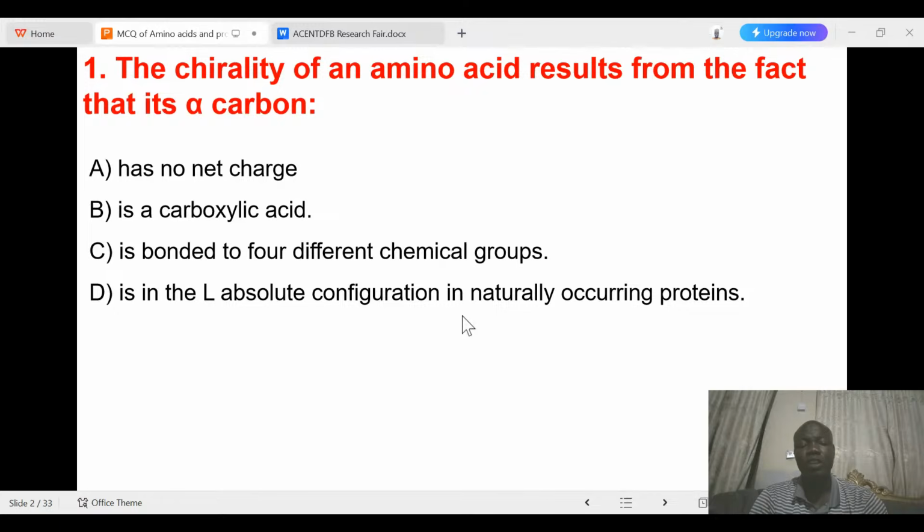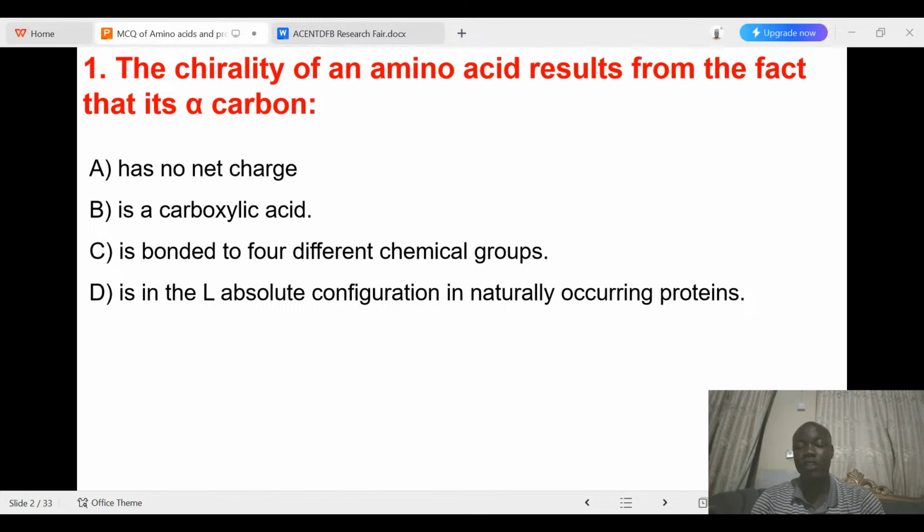Okay, Idris Abdurrashid says it's glycine. Yes, the answer is glycine. Glycine is the only amino acid that doesn't have a chiral alpha carbon because it has two hydrogen atoms attached to it. No, it's not proline, Sule.